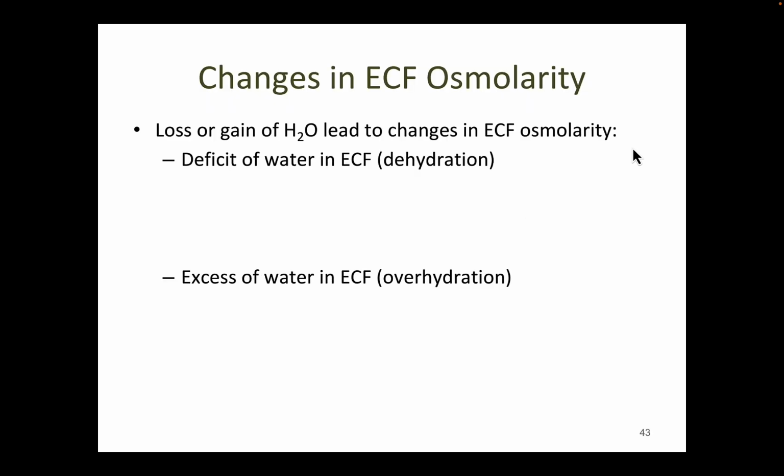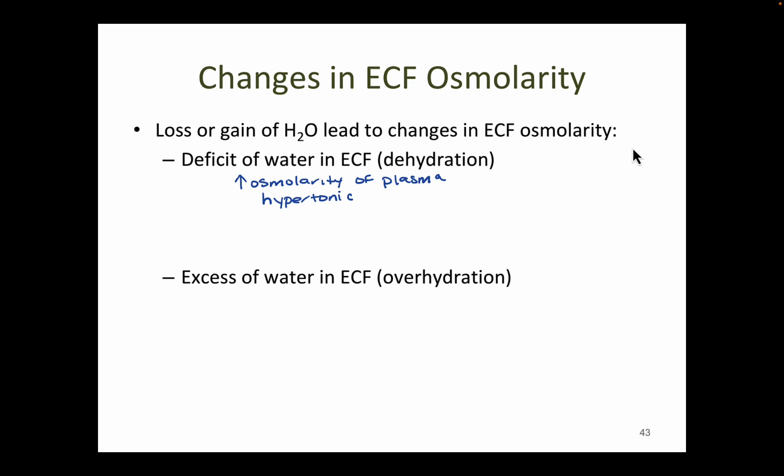All right, what happens if we are unable to maintain our ECF osmolarity? So if we have a deficit of water, in other words, we're dehydrated, we are going to see an increase in the osmolarity of our plasma. So it's more concentrated. That is going to make our ECF hypertonic, or more concentrated than what's in our cells.